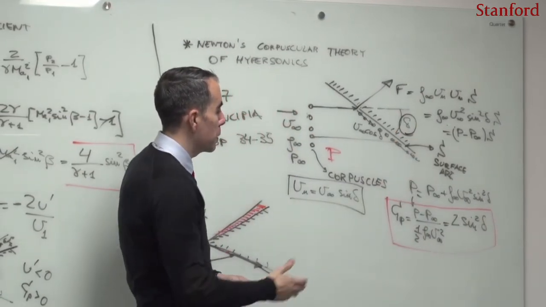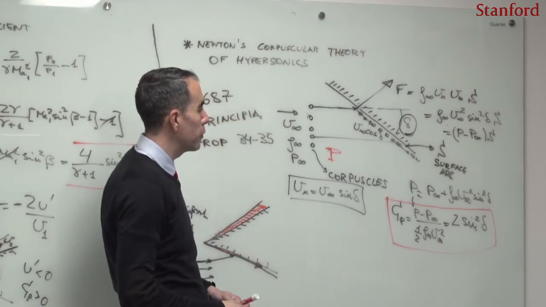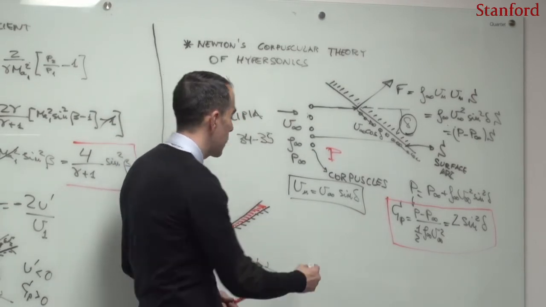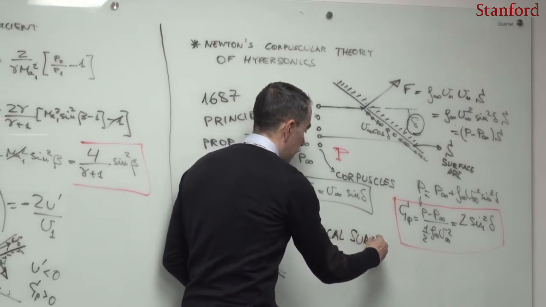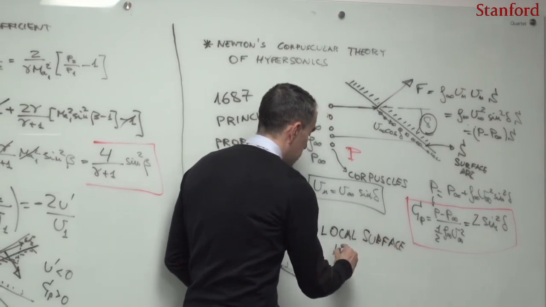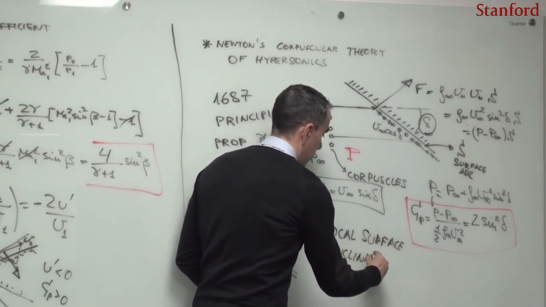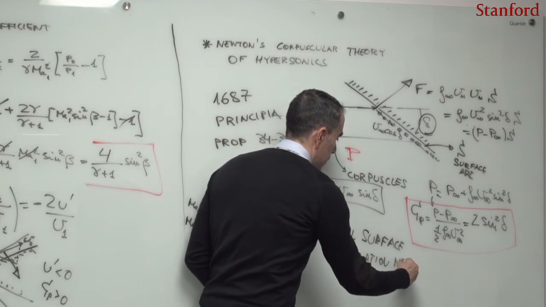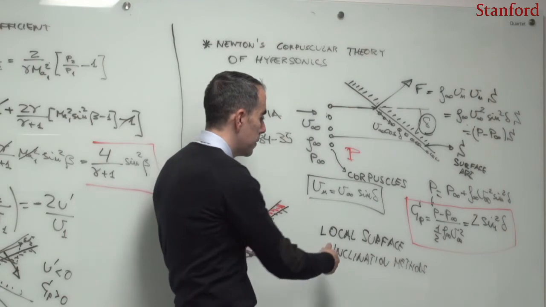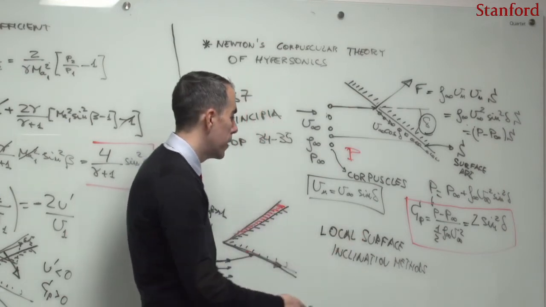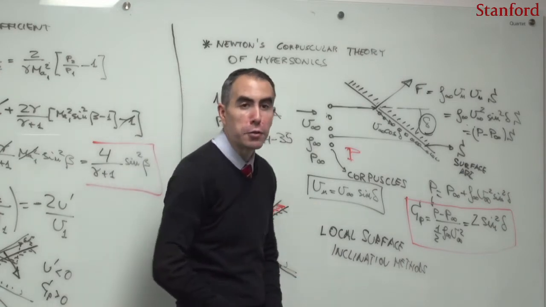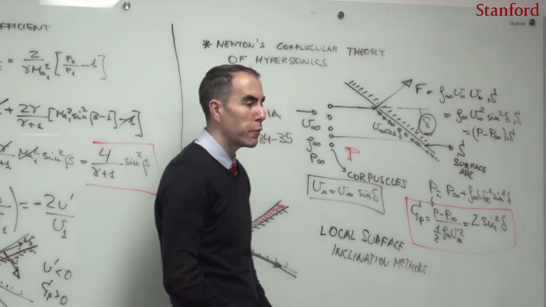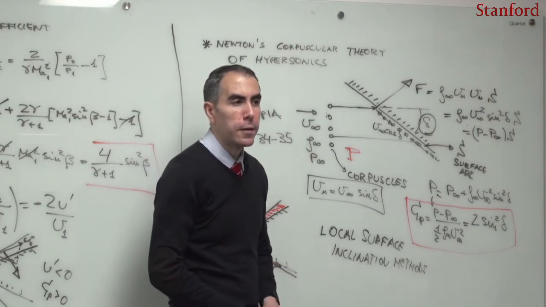As a result, this method, the Newton method, belongs to a class of methods of computing forces in hypersonics that are called local surface inclination methods. There are more than just the Newtonian theory, but we are going to see only the Newtonian theory here. It is to say that the only thing you need to calculate the pressure coefficient is the local inclination of the surface, which actually simplifies the problem a lot.